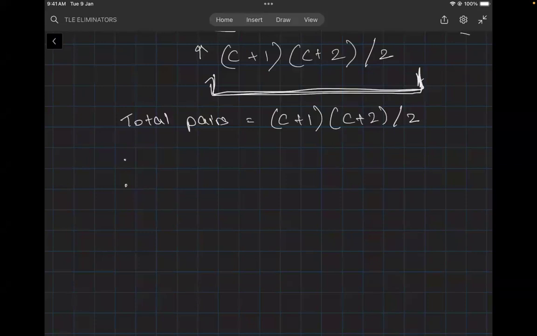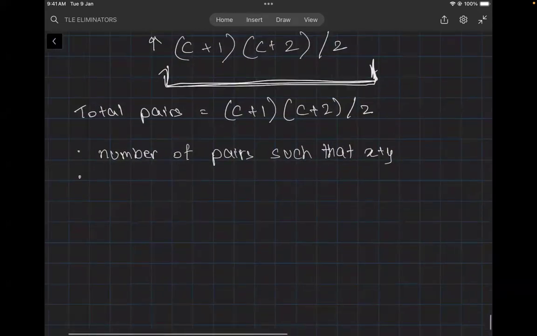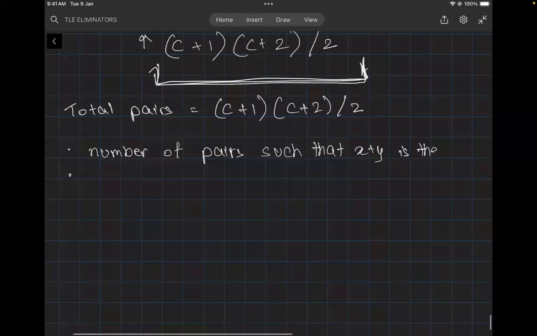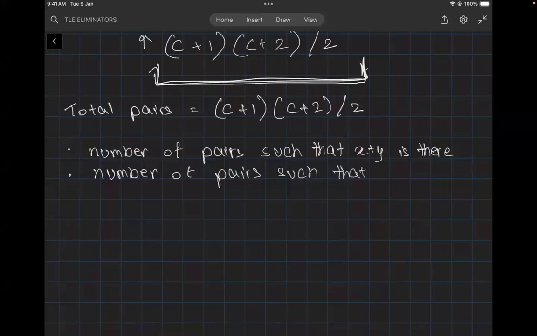Let's say we count two things. Number of pairs such that x plus y is there in the array. Similarly, number of pairs such that y minus x is there in the array.